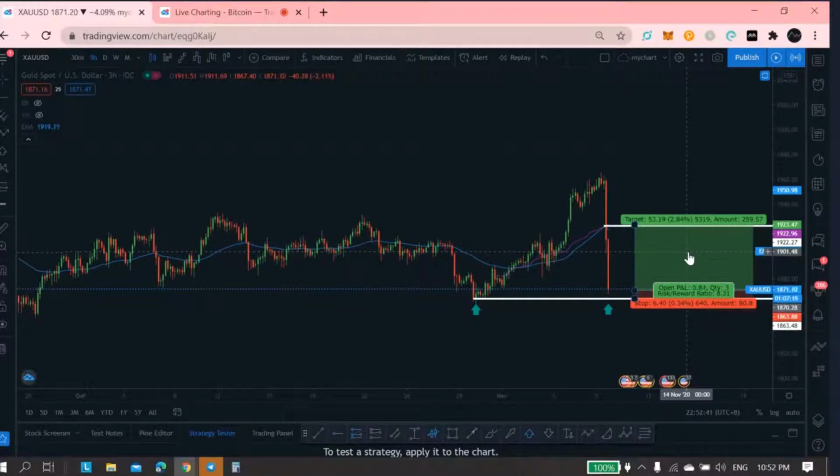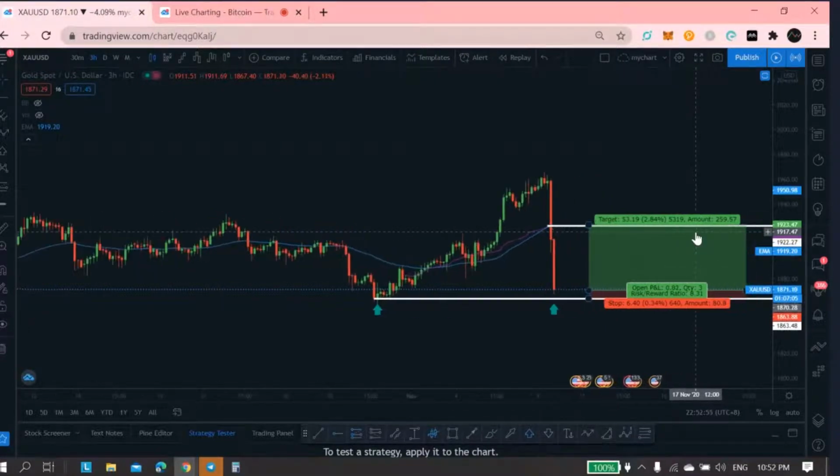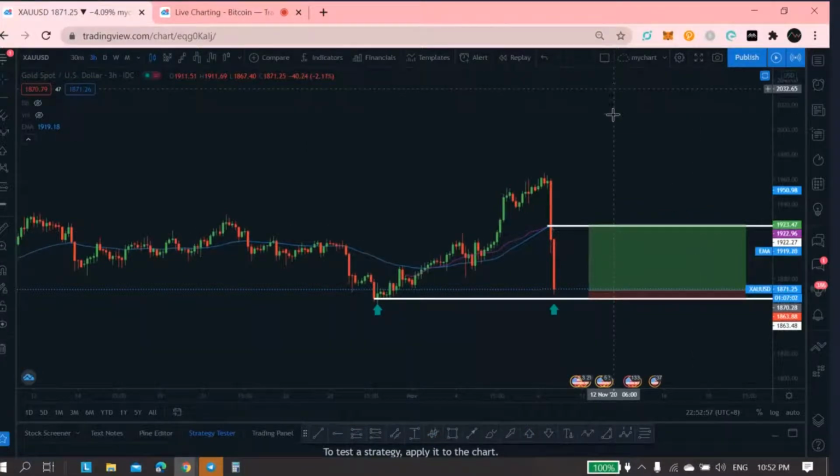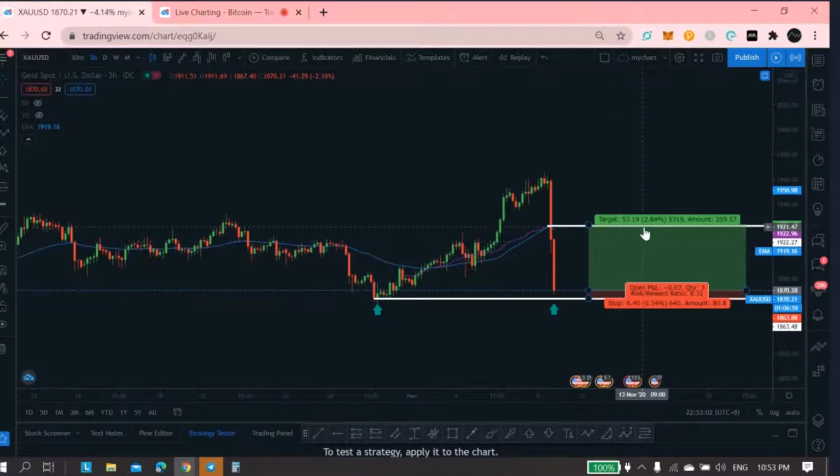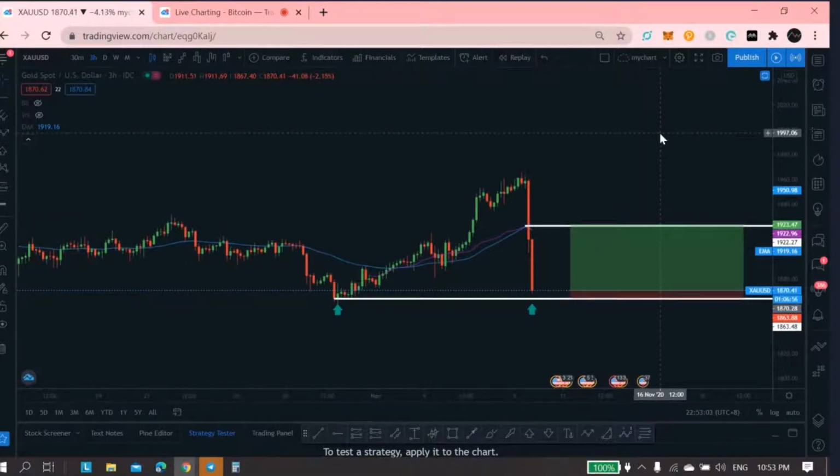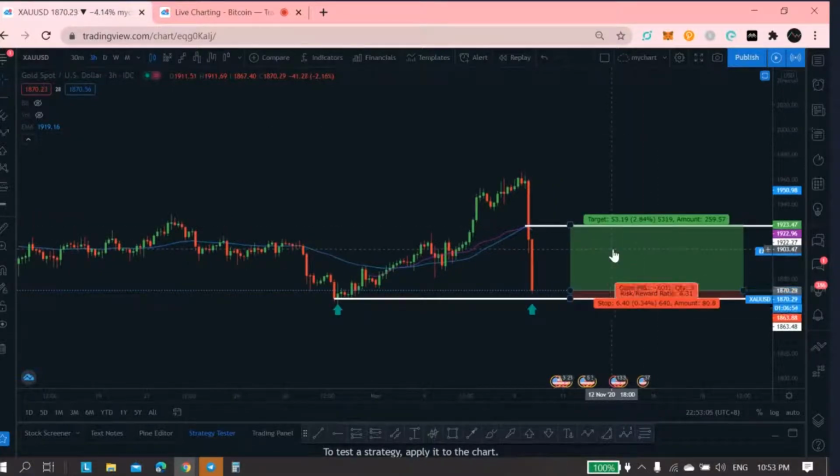Normally my risk reward ratio is at least 2 before I enter the trade. So for gold, actually, I'm using leverage of up to 500 times. So that's a possible 2.84 times 500, more or less 1000% if it hits the 1923 area.